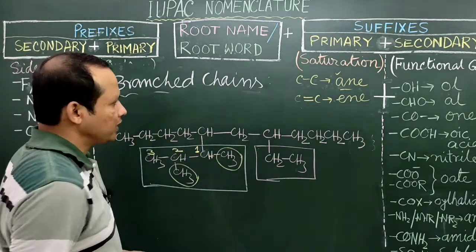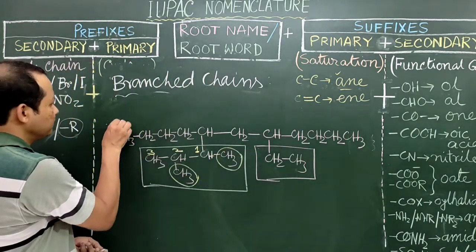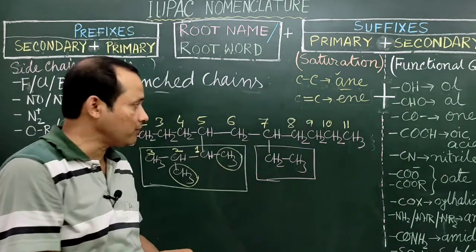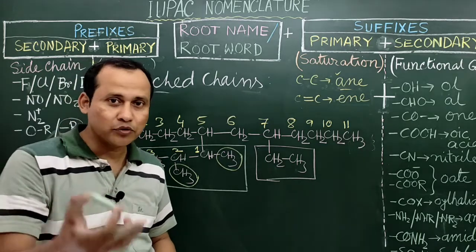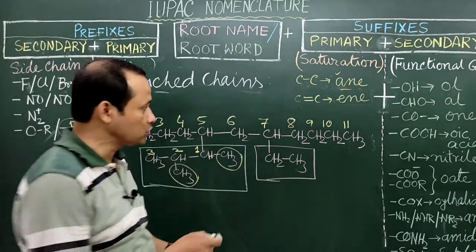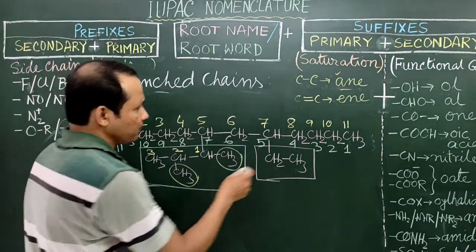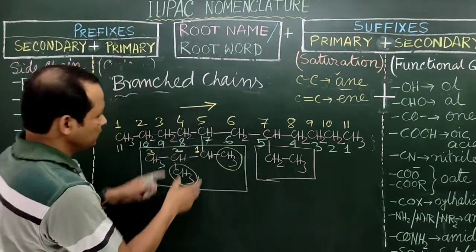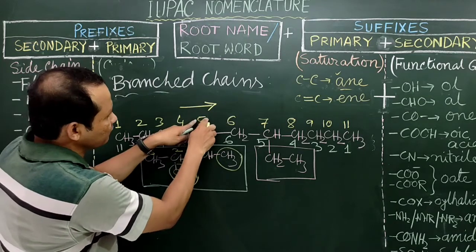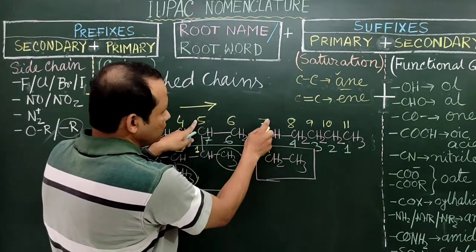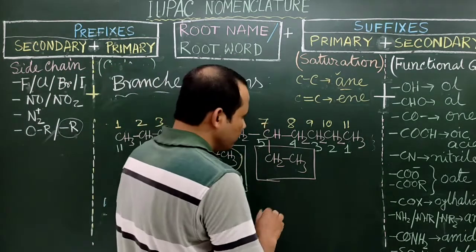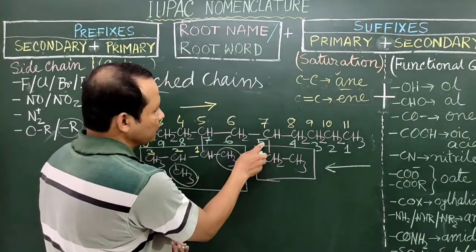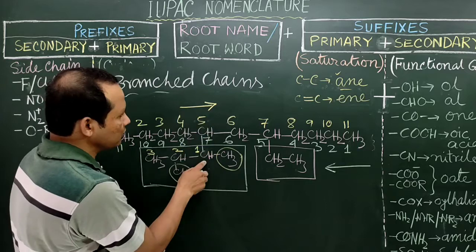Now come to the main chain. If somebody says that I shall not follow this, I shall come from right side, so you have to give importance to him or her also. Now look at this. If we move from left to right, this group is coming on 5th and this on 7th, and if we move from right to left, this is coming on 5th and this is coming on 7th.